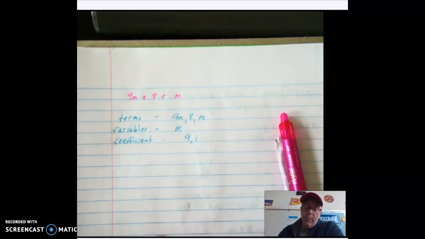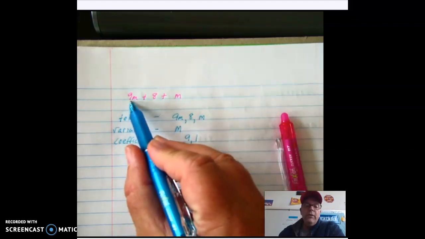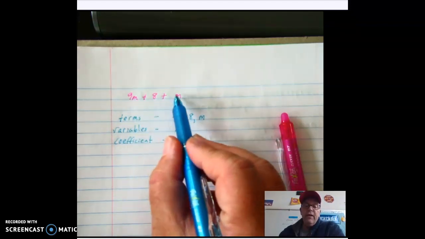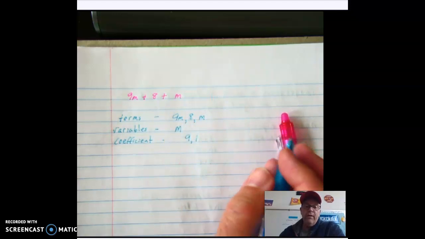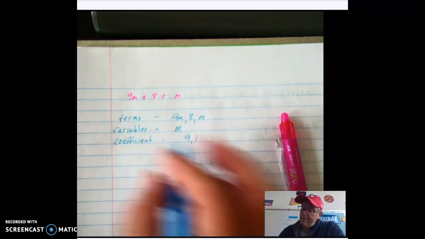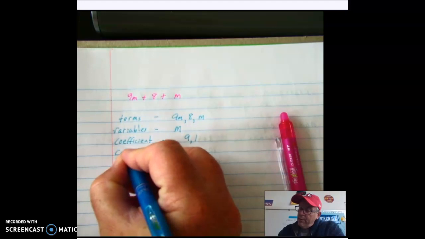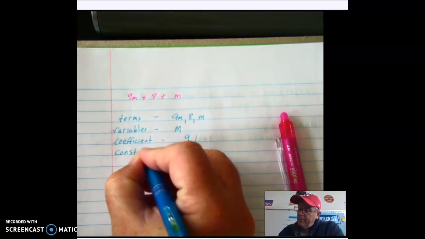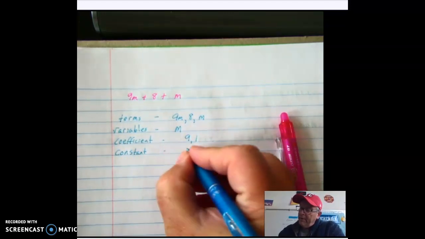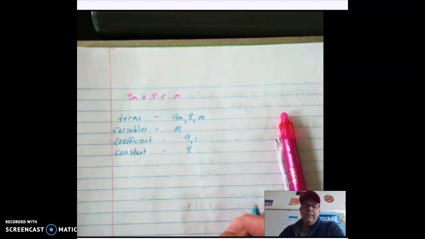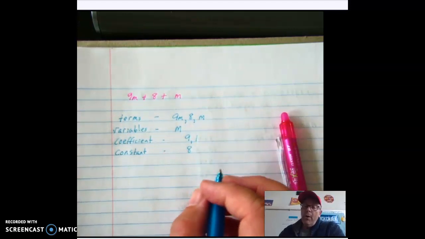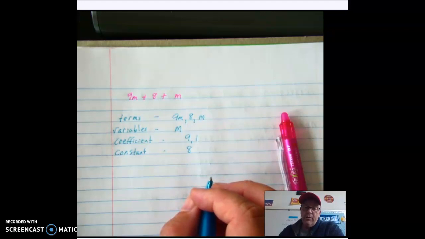So it's a lot like what we just did with decimals, where every number has a decimal on it. Sometimes it's invisible. If there's not a real number in front of it that you can see, it always is a 1 in front. So be on the lookout for that. And then I do have a constant. And my constant is 8. So those are the parts of an algebraic expression.